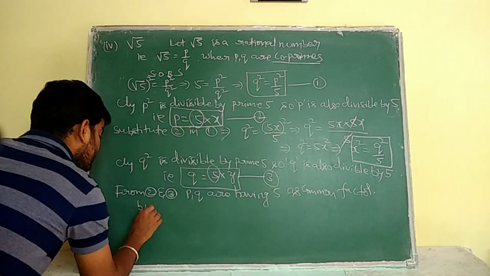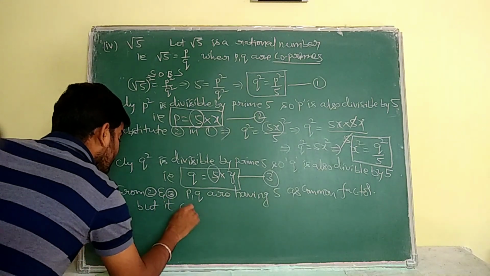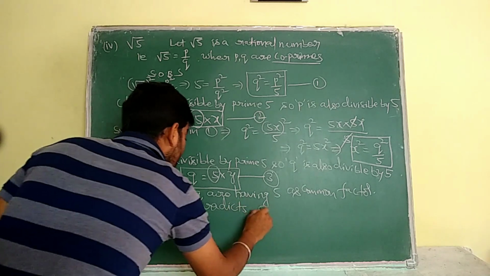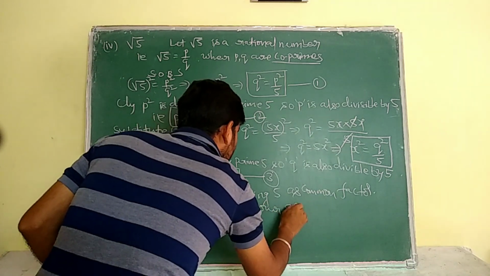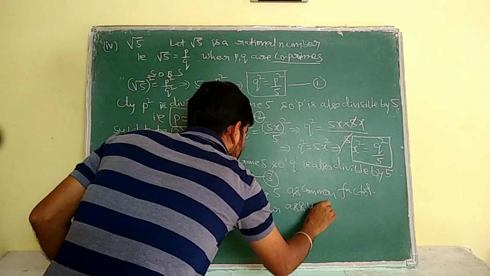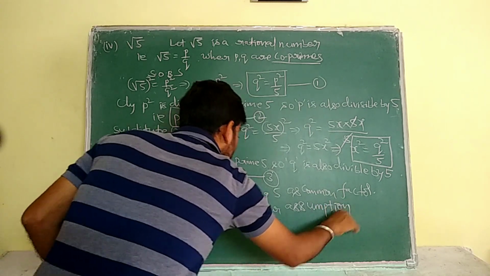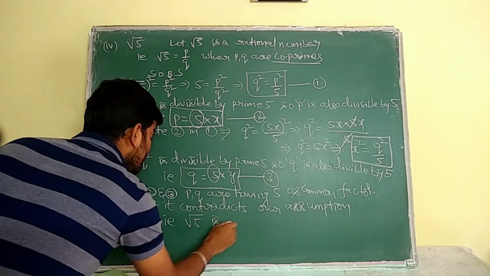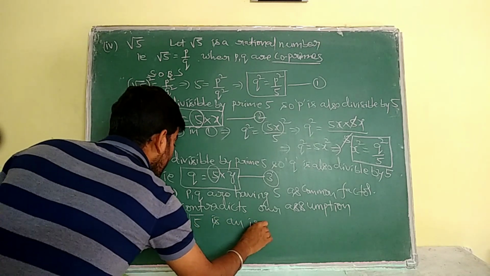But it contradicts our assumption. That is, root 5 is an irrational number.